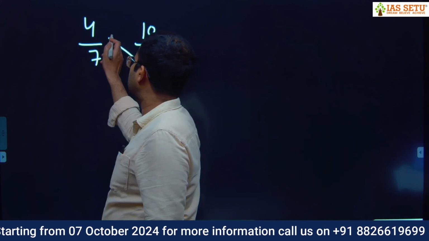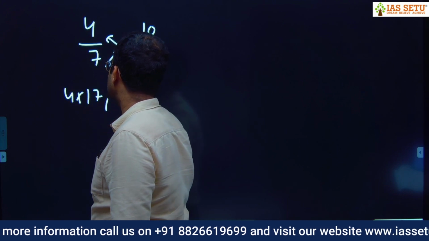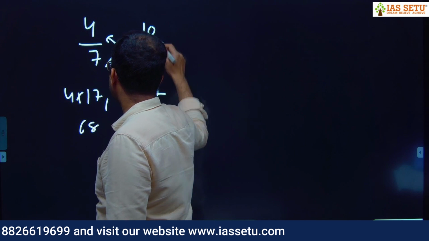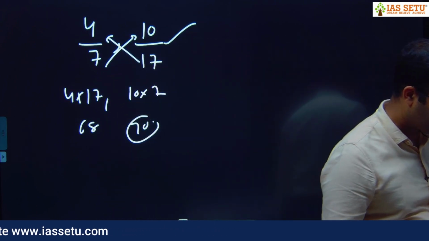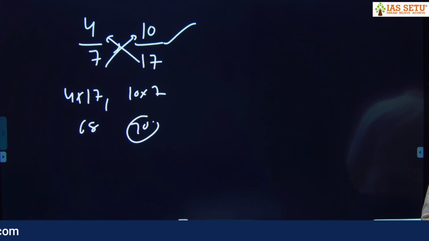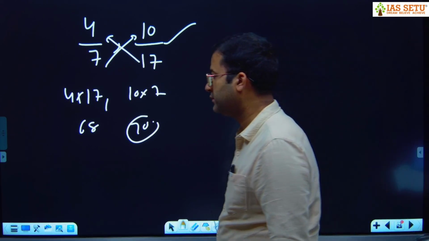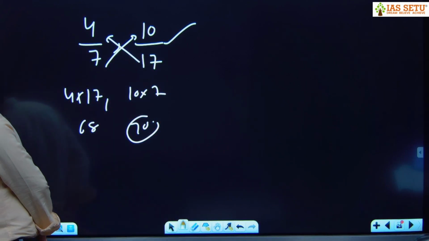Cross multiply, take 17 other side, 7 this side, 4 into 17, this is 10 into 7, it is 68, it is 70, so this is larger, 10/17 is larger. B is larger, very good. All of you clear with this cross multiplication? How to apply it?